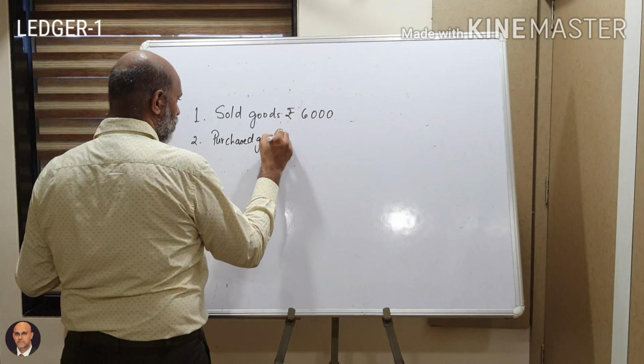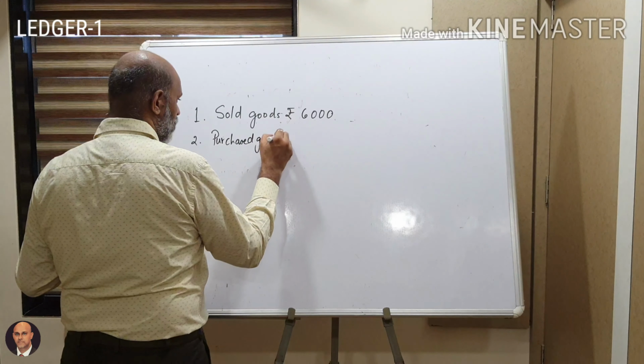Fourth, paid cash to Sunny rupees 4,500. Fifth, paid rent rupees 8,000. Sixth, received commission rupees 5,000.